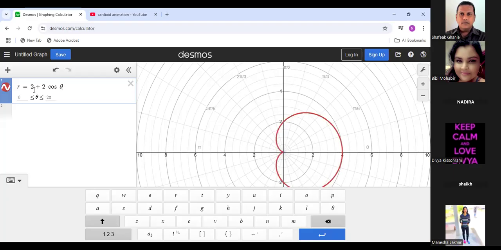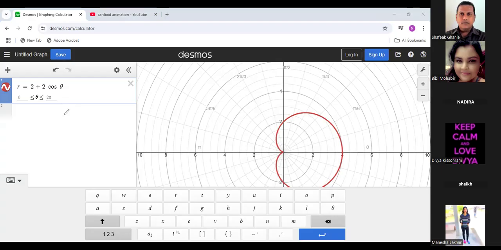As we could see in the equation here, 2 plus 2 is equal to 4. Look on the graph here, from the center, from the origin, the cardioid is extended, so this is the maximum radius here. As you can see here, it's 4.